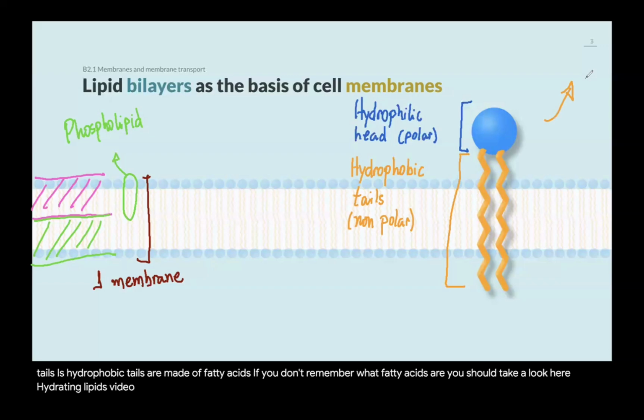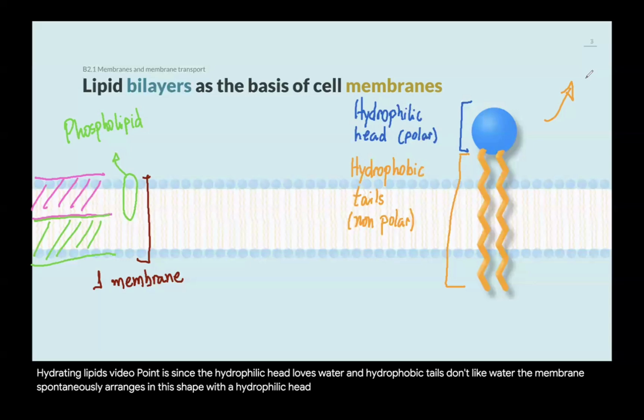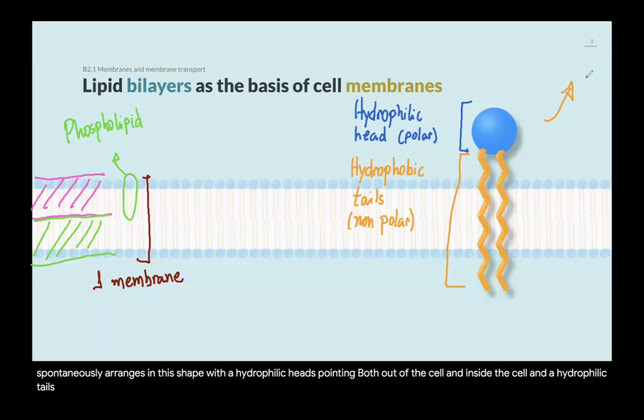But the point is, since the hydrophilic head loves water and the hydrophobic tails don't like water, the membrane spontaneously arranges in this shape with the hydrophilic heads pointing to the water, both out of the cell and inside the cell, and the hydrophobic tails in the middle, away from water and in contact with each other, holding the membrane together.